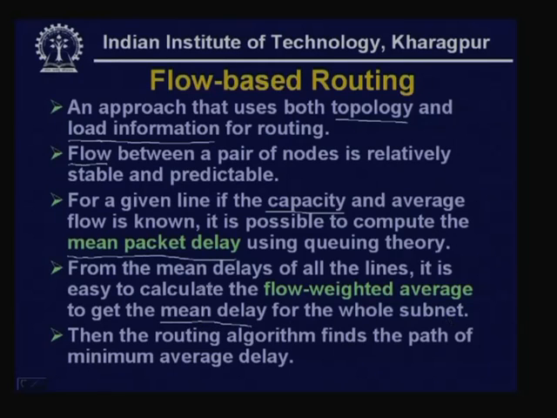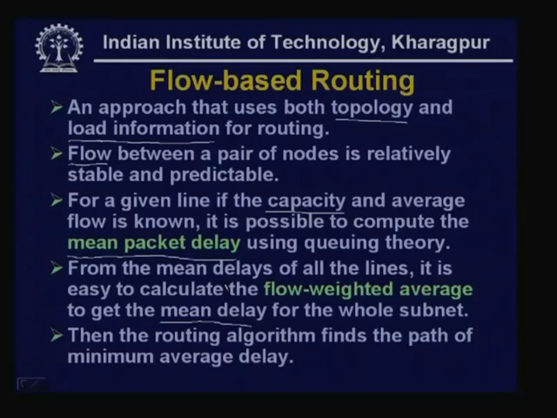Once you get that, it can be used for finding the least cost path by using Dijkstra's algorithm that we have discussed in detail. Again a routing table is calculated, and based on that the minimum average delay path is chosen.